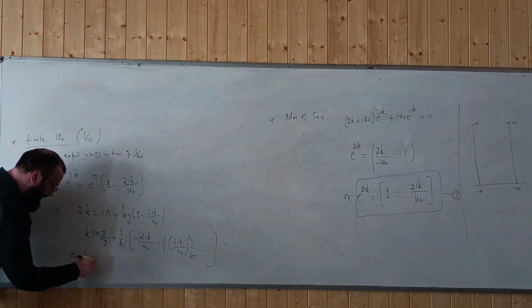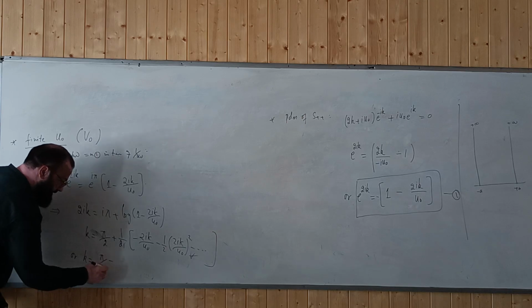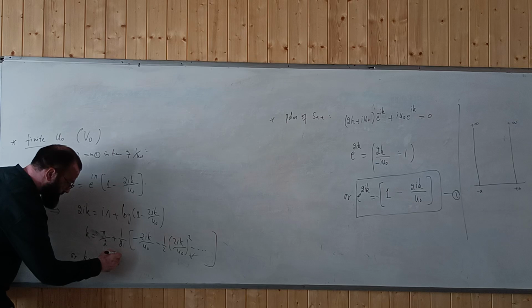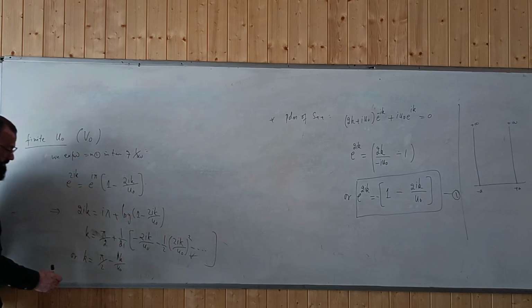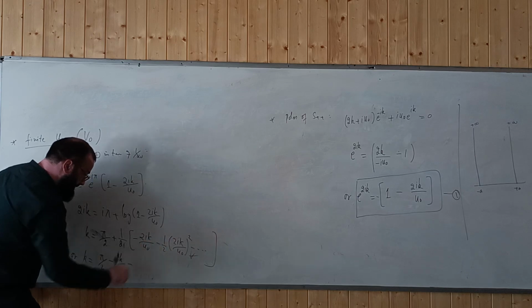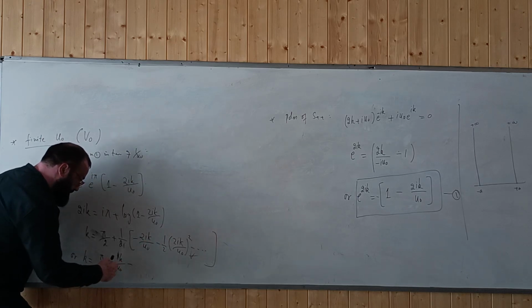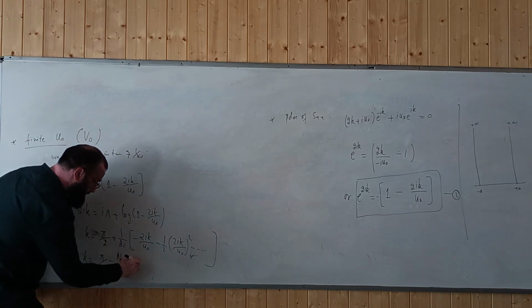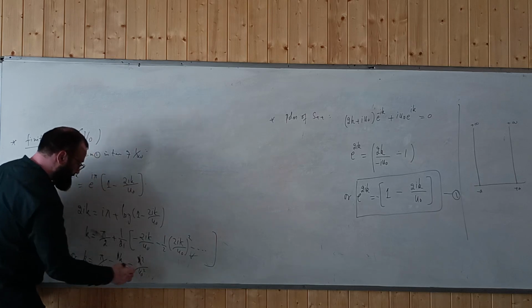So you have got again a transcendental equation. Minus 2 and 2 cancel. So what you get is i, only k by u naught. Then minus and minus is plus, 2 is 4, so it is something like k square by u naught square.